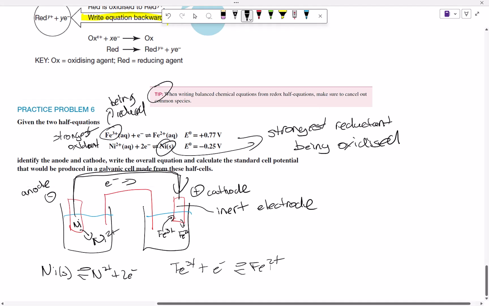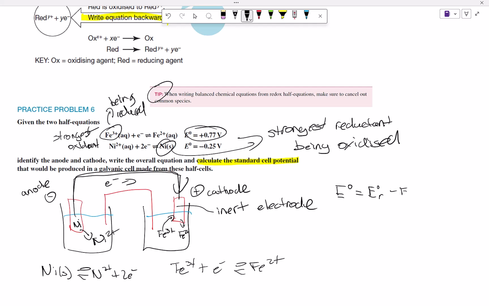So calculating the standard cell potential, we're going to go E naught equals the one that's been reduced, E reduction, minus E oxidation. So it's going to be 0.77 minus negative 0.25.